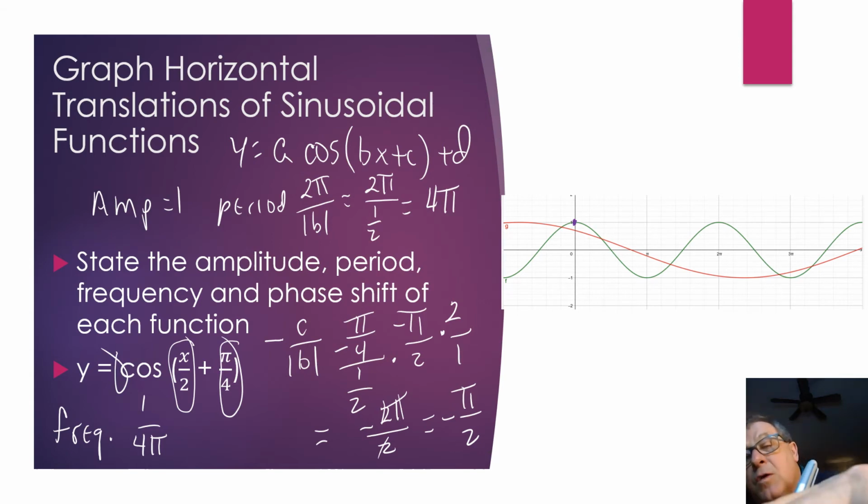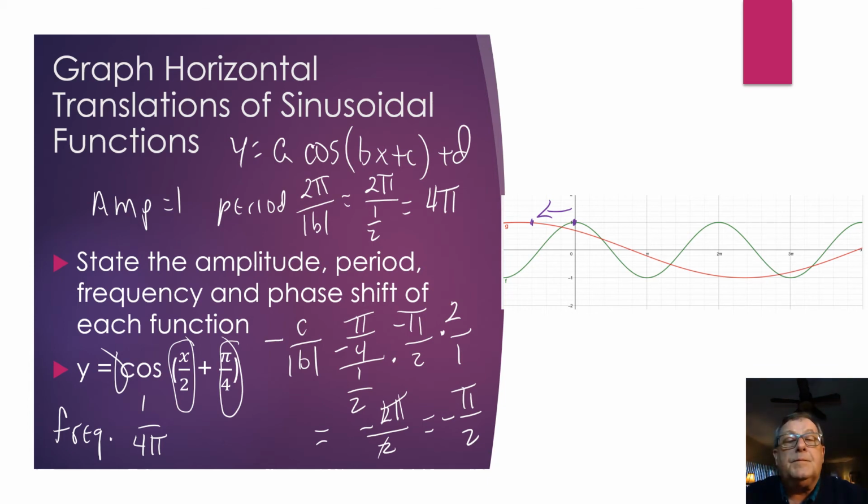Let's shift it this way, pi over 2. Okay. Like I say, it's always a little bit hard for me to see. This particular one is because our b, which is 1/2 x, expands this cosine function horizontally, which makes it even tougher to see. But algebraically, I can prove that that phase shift is negative pi over 2.